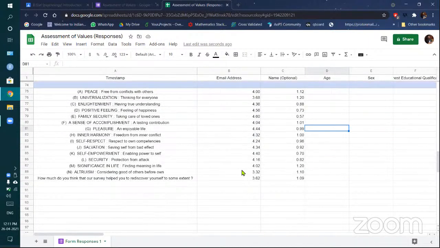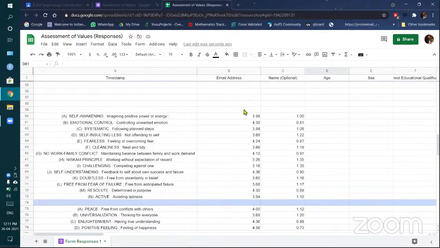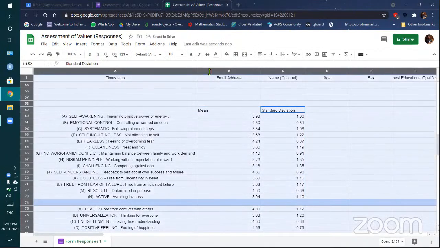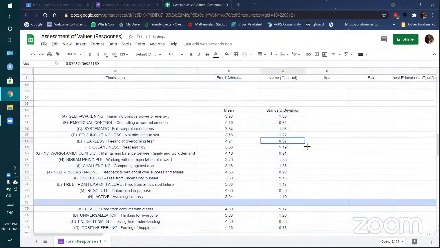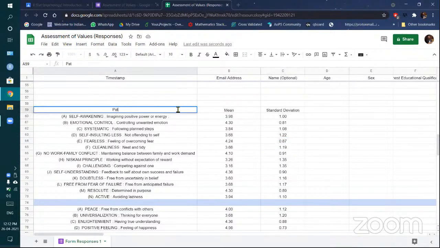Now this has to be ranked. Go to B60. Write mean. Sir, what's mean, right? Yeah, just you write mean and next standard deviation. And in the column before mean, in A60 write path oriented values.